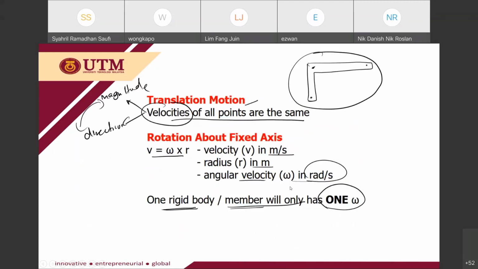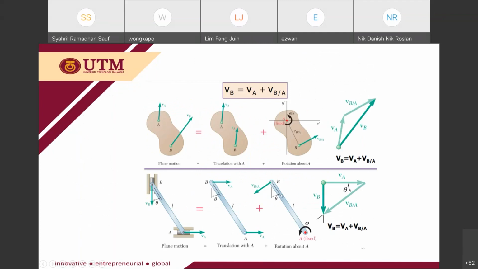Okay, so basically for the analysis of general plane motion, we know that the velocity of each point is different. The direction is different also. So what we can say is that it's actually a combination of translation and rotation. Let's say you want to focus on point A. So that means translation with A plus rotation about A. From this case, if it's translation with A, if you pull the rigid body upward, point B also will tend to move due to this VA.